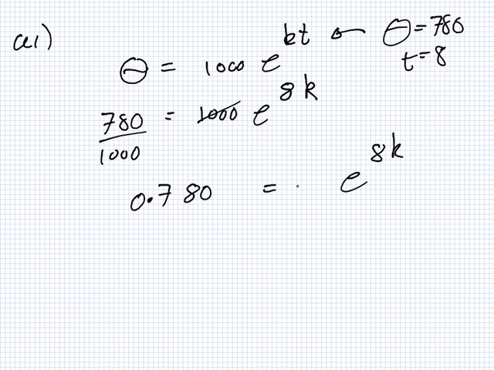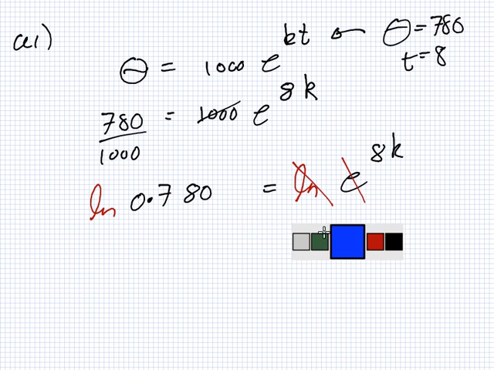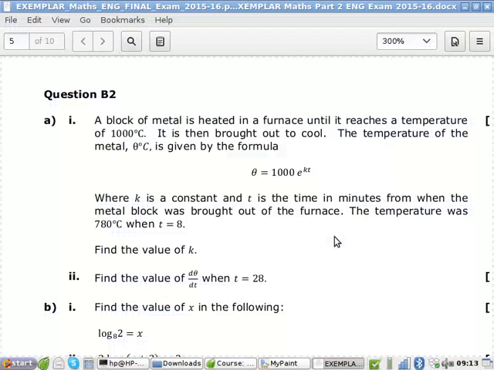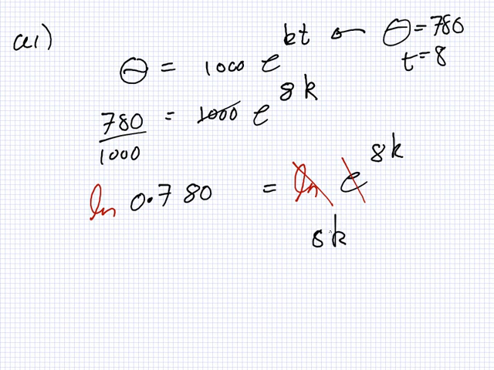We put the log on both sides, and that log cancels the e. So now we have 8k equals log 0.780.